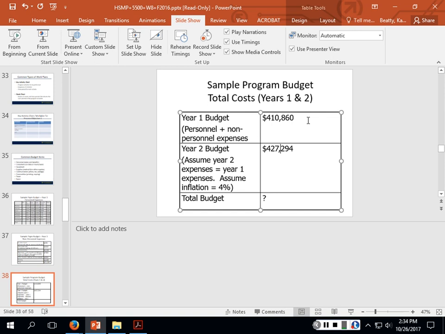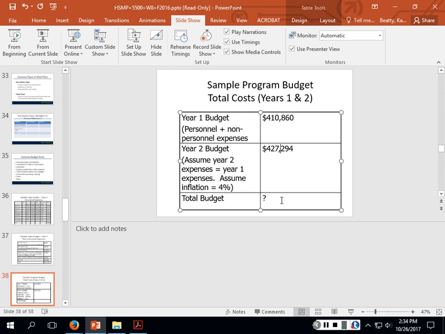So for this 6-year project that I showed you the plan for, our budget is different for each year and had to be calculated for each year separately based on what activities we had proposed in that big chart for each year. But again, here for simplicity, we're assuming similar expenses.